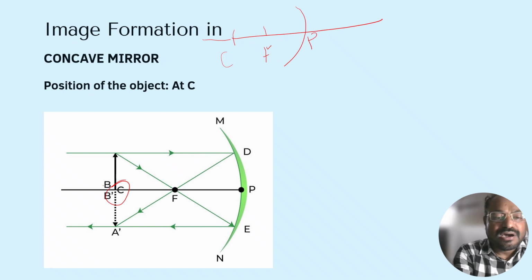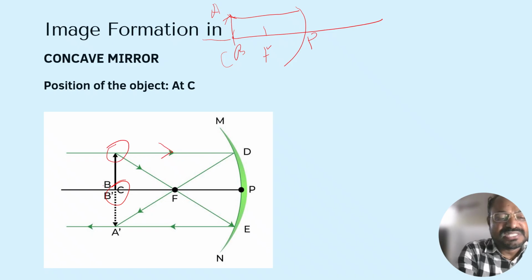After that, the object is kept at C, and two rays will be emerging out from the arrow AB. One ray will always be parallel to the principal axis, and it will pass through the principal focus as per the rule.